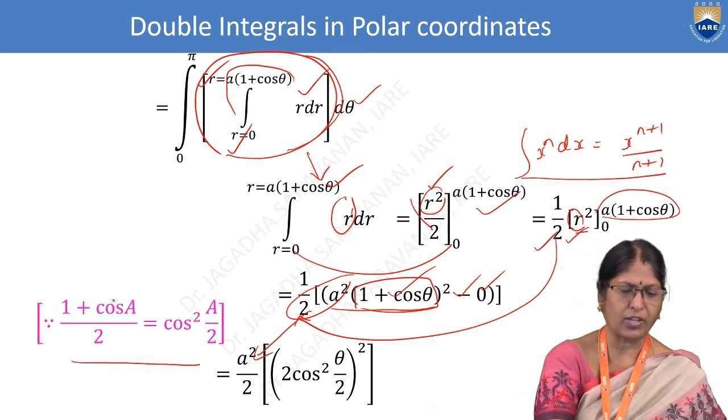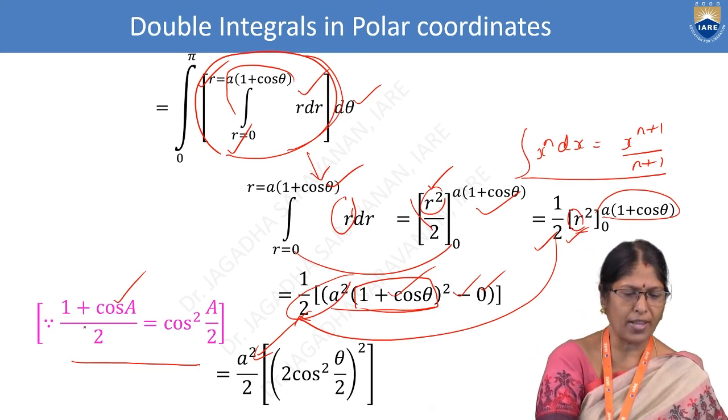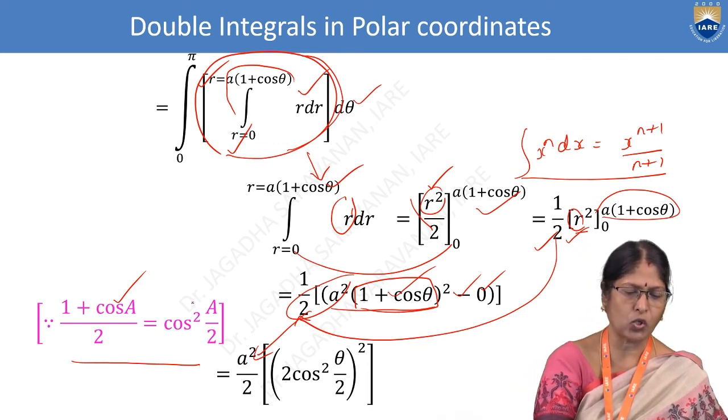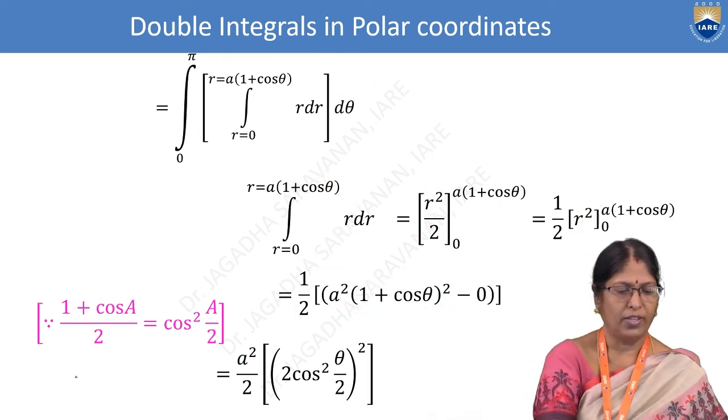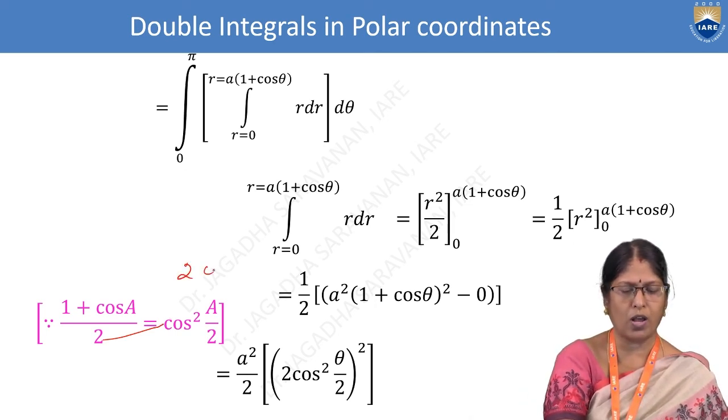So we are taking the relevant trigonometric formula. 1 plus cos a by 2 is nothing but cos square a by 2. This 2 we are bringing here, so it has become 2 cos square a by 2.